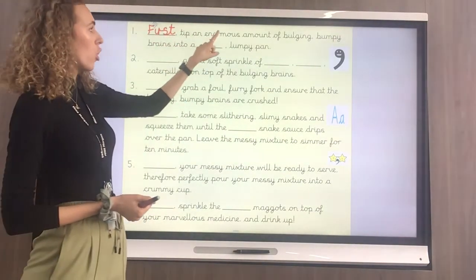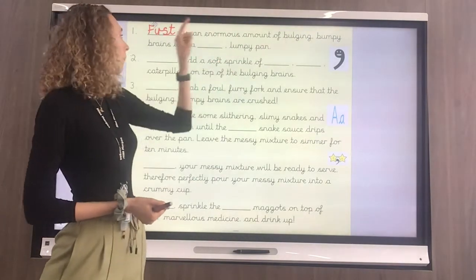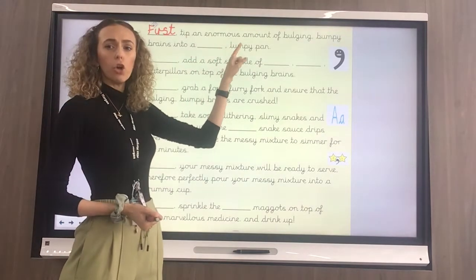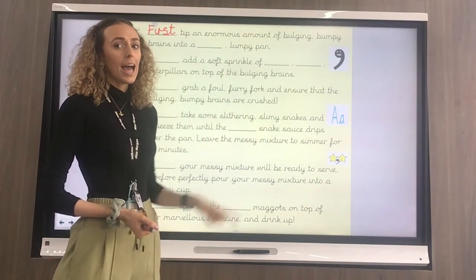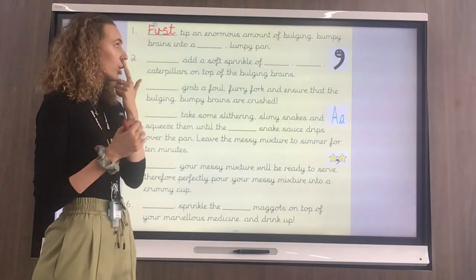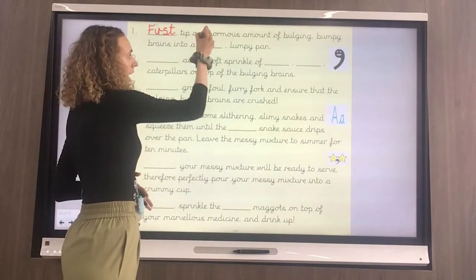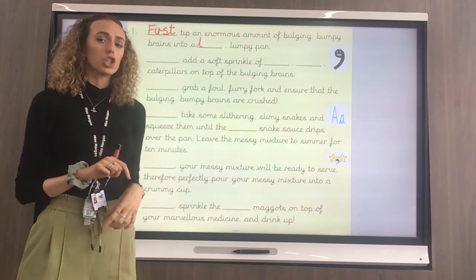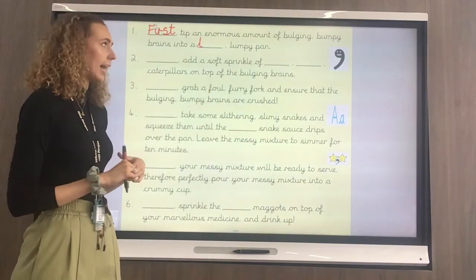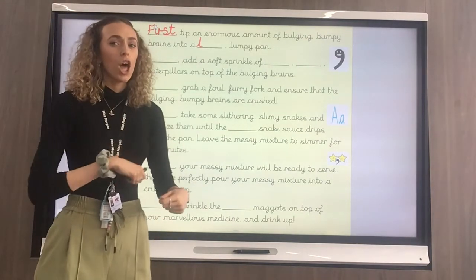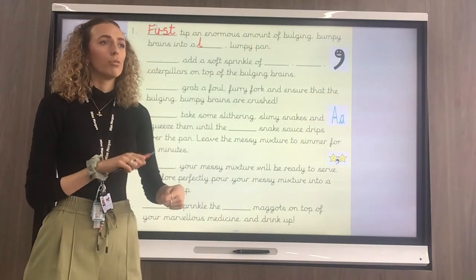First, tip an enormous amount of bulging, bumpy brains into a something lumpy pan. And in my marvellous medicine, I want to use alliteration. So I want to use an adjective to describe my pan that starts with an L. What adjective could I use to describe a lumpy pan?